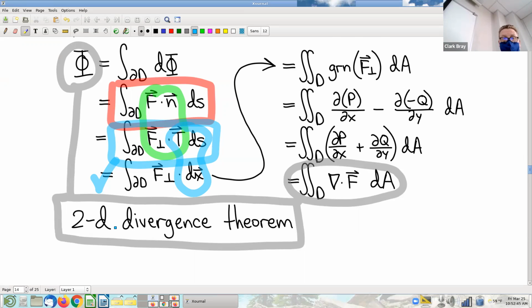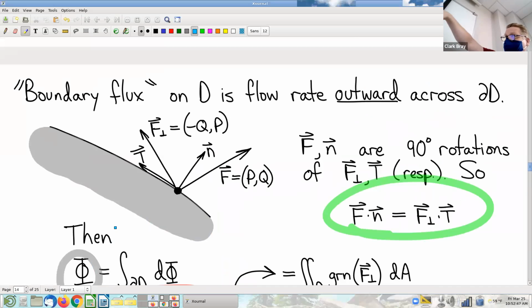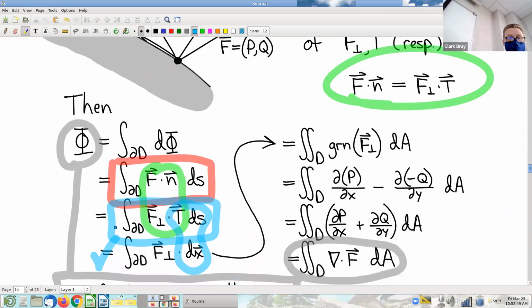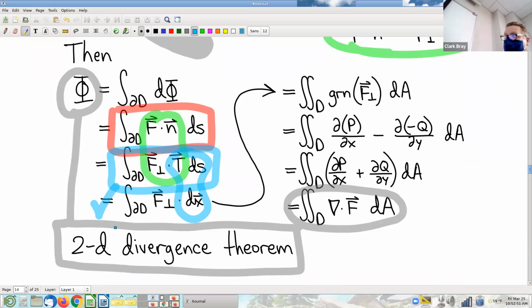So real slick move. That's why we did this observation about rotating 90 degrees: it allows us to turn the red bad integral that we don't recognize into this blue integral that's highly familiar. We're real good at computing it.